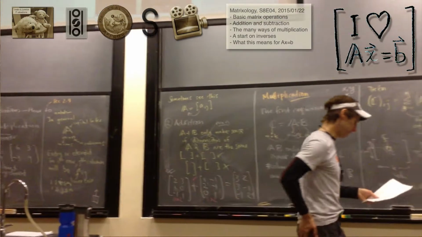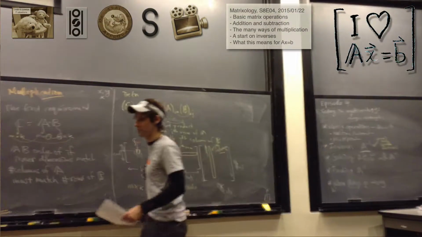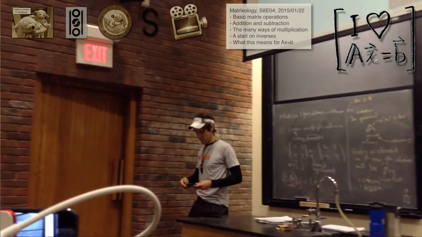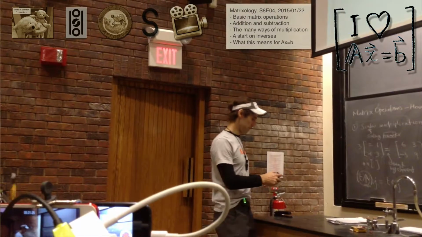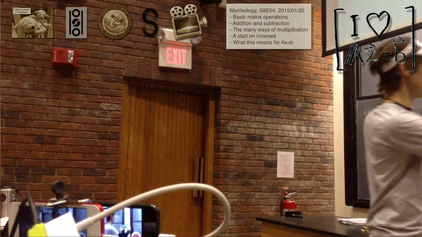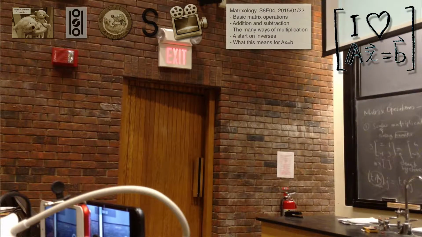So let's just do an example, and we'll come back and do this in different ways. Sorry, I'll try to do this for you. I failed. I generally fail. That's why I put that little thing down there.